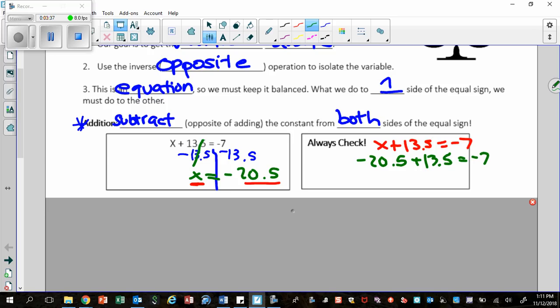Do we get negative 7? Is negative 20.5 plus 13.5? Calculate that in your calculators. You should hopefully get negative 7. So we would say negative 7 equals negative 7. We know we got it correct. If we forgot a negative or something, and we did not get negative 7, like they say in the original equation, then we did something wrong. We need to go back and check our work again.